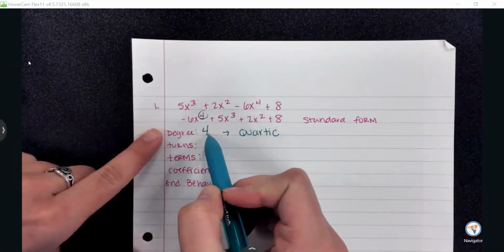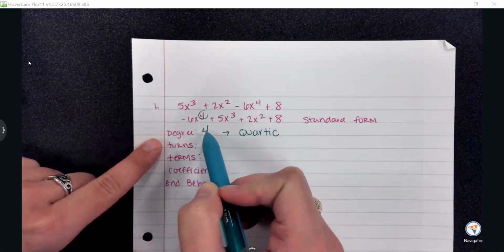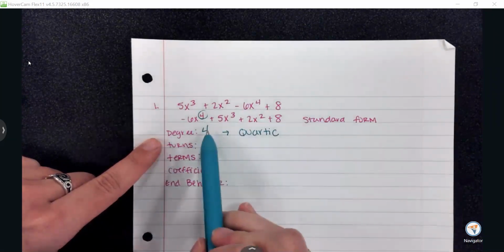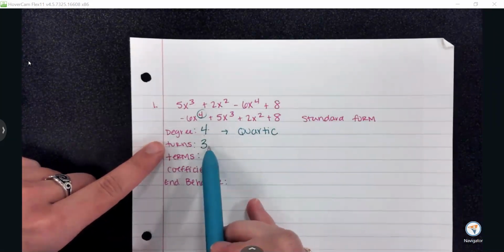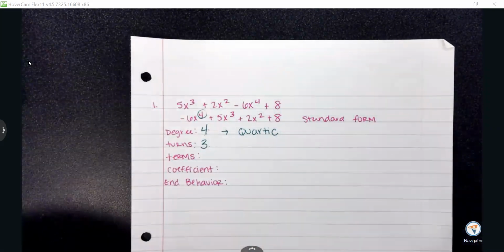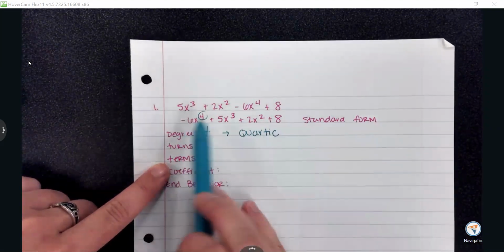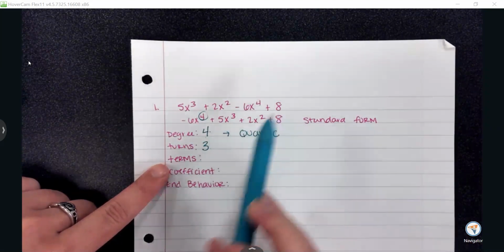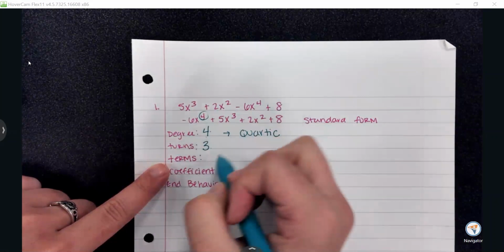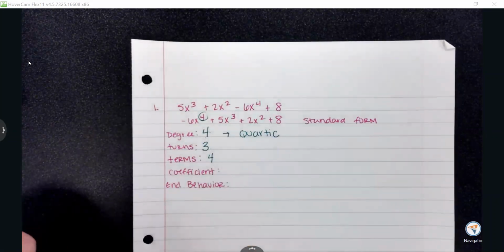If I have a degree of 4, the turns are very easy to find because the number of turns is 1 less than my degree. So if I have a degree of 4, then my graph can have 3 turns. If I have a degree of 5, my graph can have 4 turns. Terms are how many items are in my equation. So I have 1, 2, 3, 4 terms. There are 4 separate items in my problem.